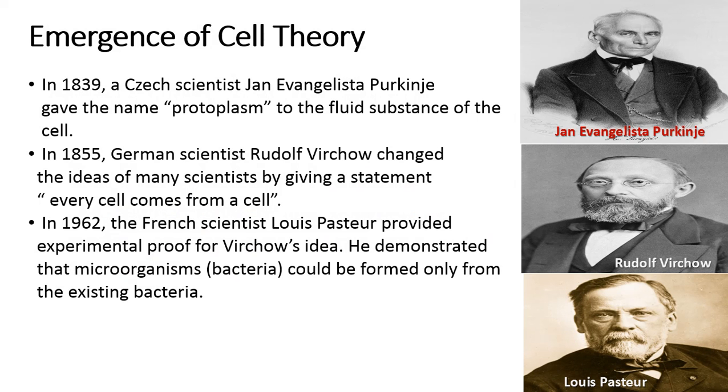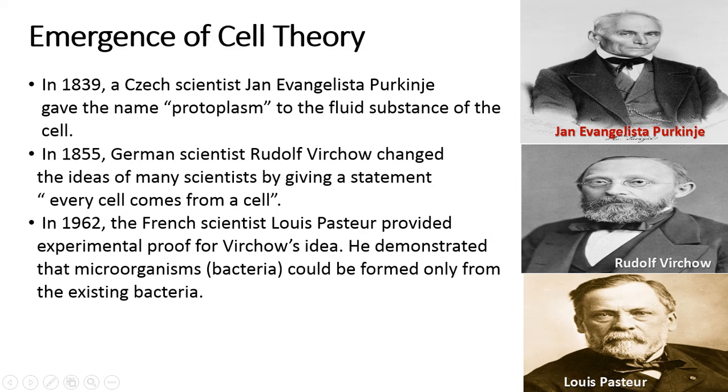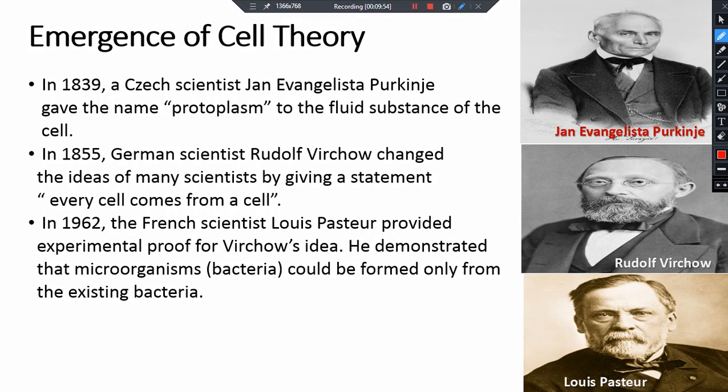So after that, in 1839, a Czech scientist, Jan Evangelista Purkinje, gave the name protoplasm to the fluid substance of the cell. Now Purkinje observed the cell, and he observed a fluid inside the cell.